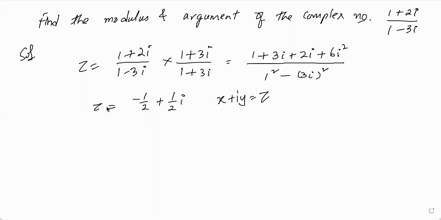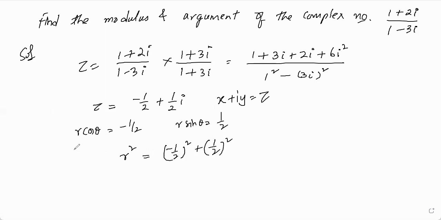Now r cos theta is minus 1 by 2, and r sin theta is 1 by 2. Squaring and adding, you get r square equal to minus 1 by 2 whole square plus 1 by 2 whole square.